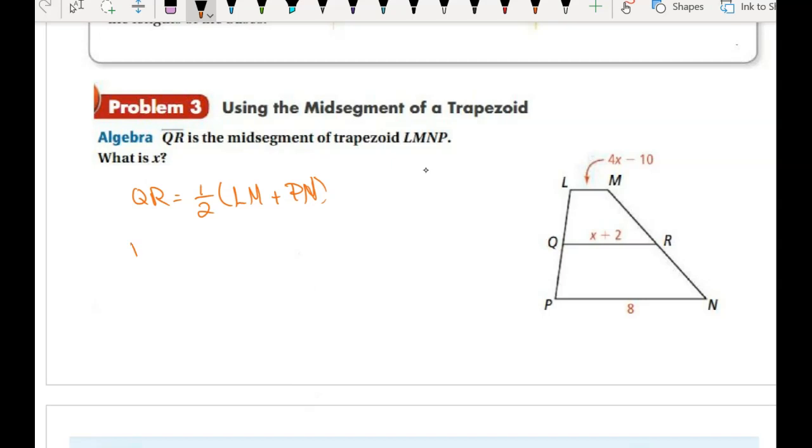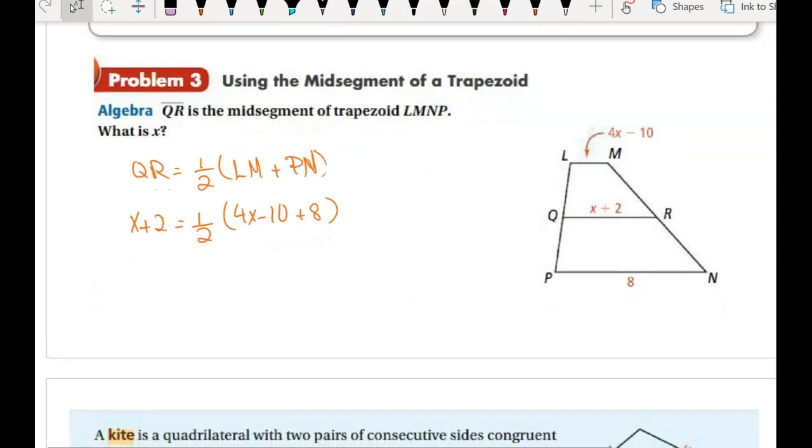So now I'm just going to plug in what I know. I've got x plus 2 is equal to 1/2 times 4x minus 10 plus 8. Now I'm going to combine my like terms. So I've got x plus 2 is equal to 1/2 times 4x minus 2.